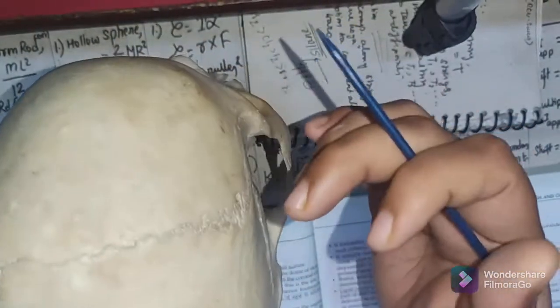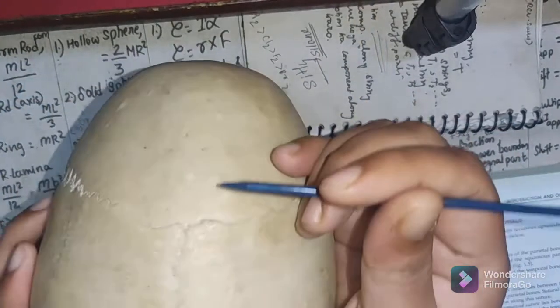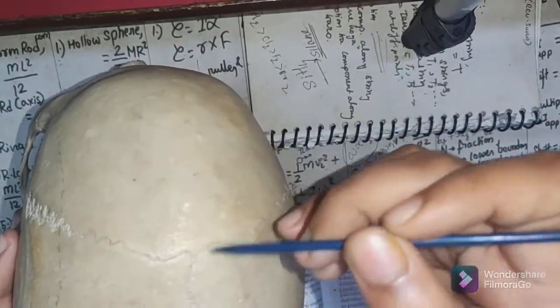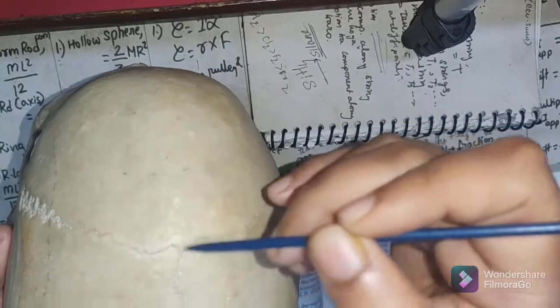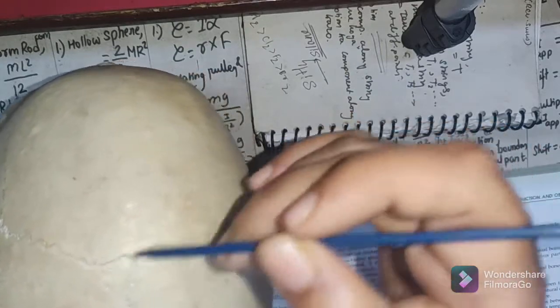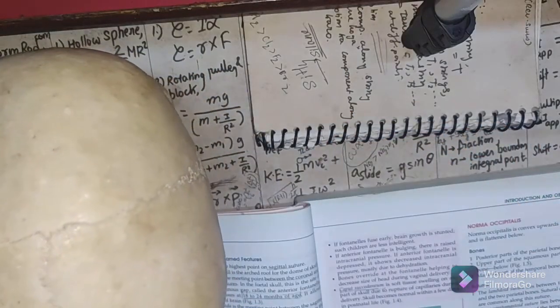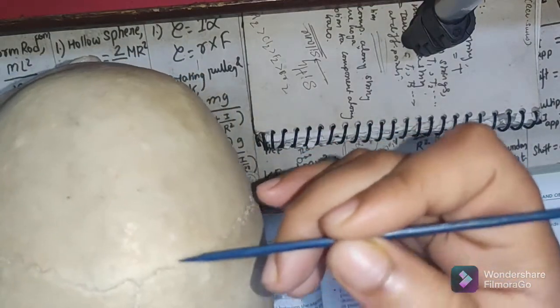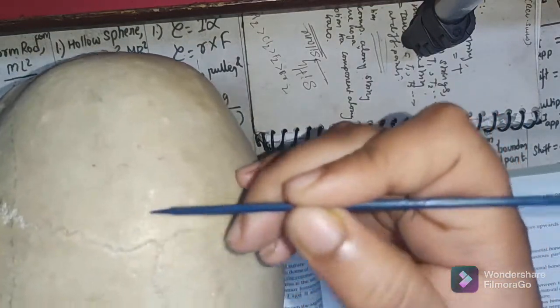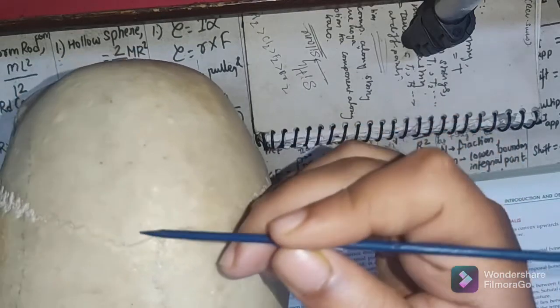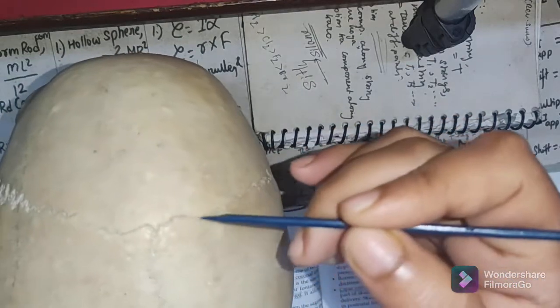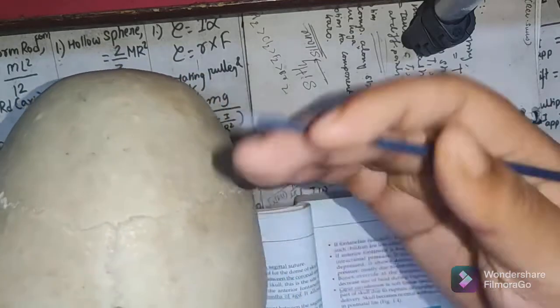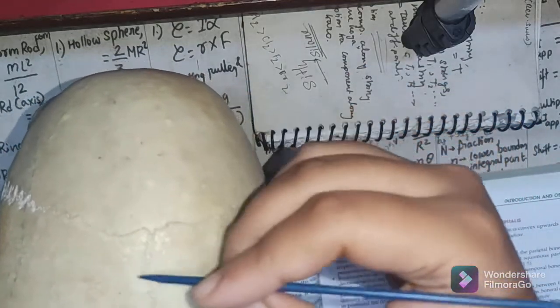There are many fontanelles, I will come across them. For the time being, remember that at the point of bregma there is the anterior fontanelle, which closes at 18 to 24 months of age.